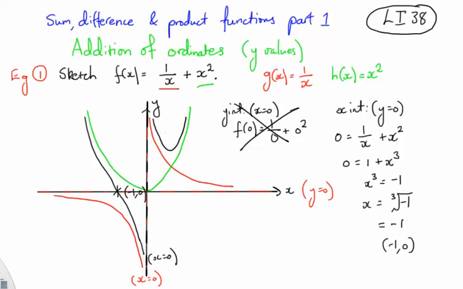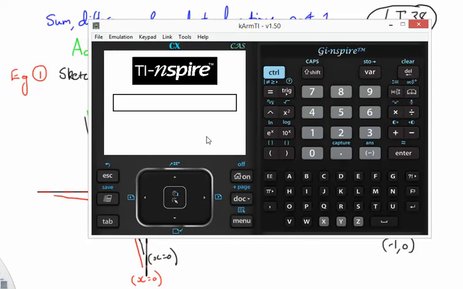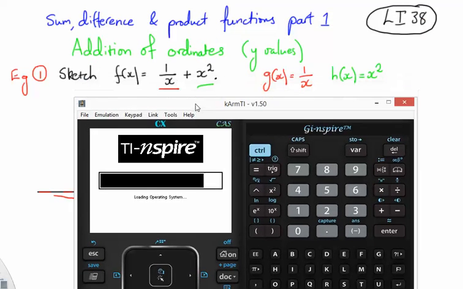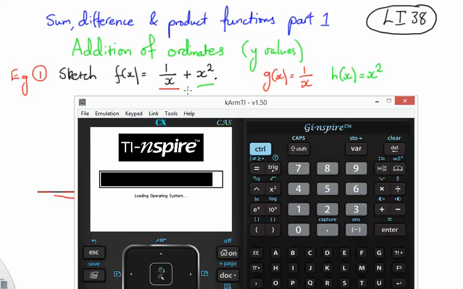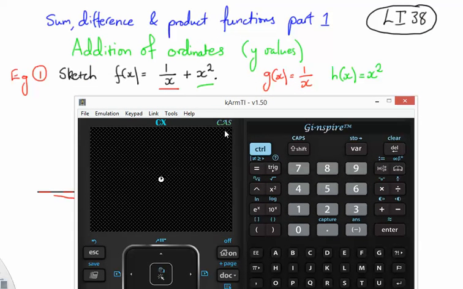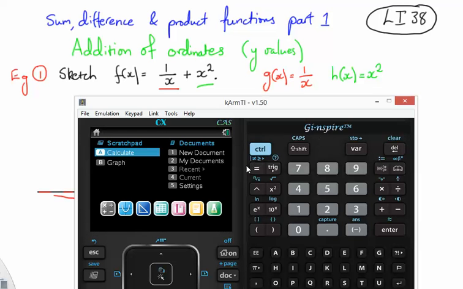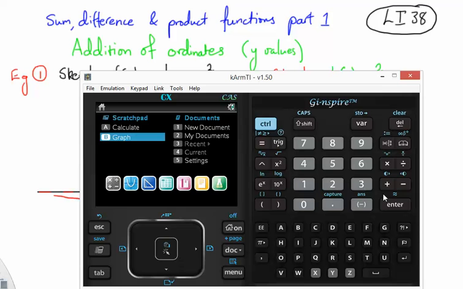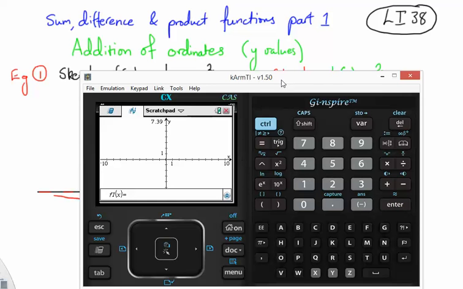Alright, so the black is our curve f of x. Well, we don't just want to believe me. Let's check on the CAS machine, a CAS calculator. Let's see what the CAS has to say about it. It's always good to check your answer on CAS. Really good habit. I'm not going to bother making a document.